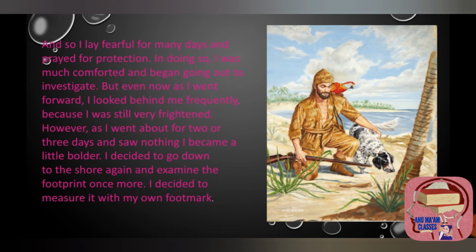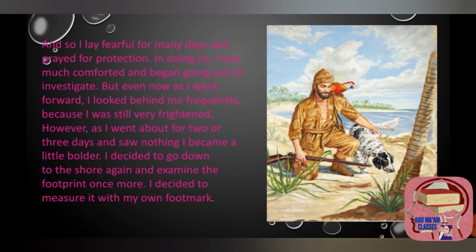So here, children, he said that for many days he was afraid and fearful, and he was just praying to God for his protection. But after some days, when he got less panicked, he thought that he should go once again to the shore and check that footprint against his own footprint.